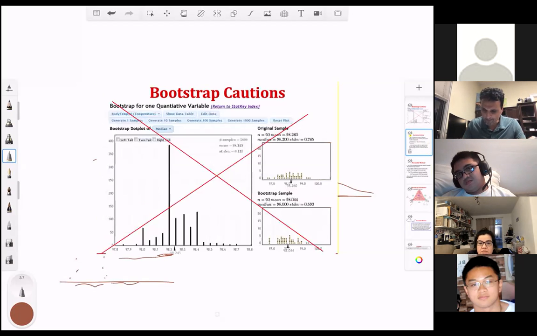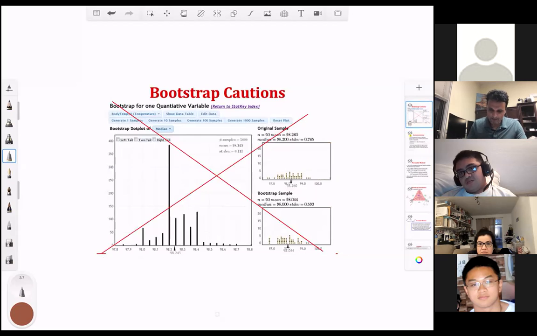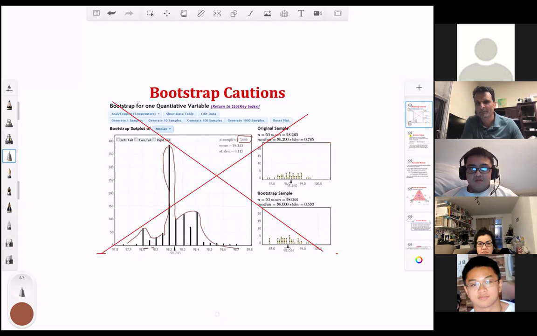There's an example here. Look, we have a sample of 1,000, but we got a big gap, and the data is like this. It is definitely not symmetric, so we cannot say anything about the confidence interval. Good.